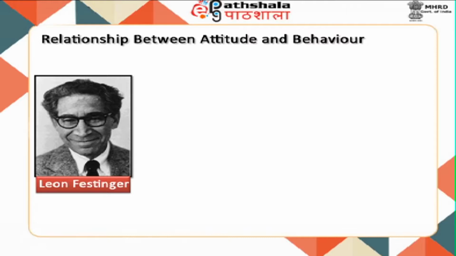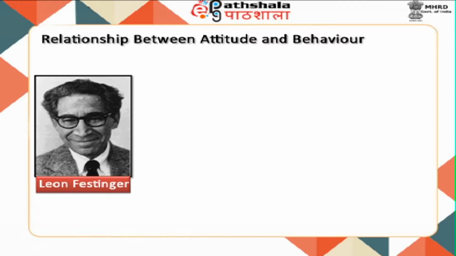Individuals tend to move towards an equilibrium state where attitudes and behavior are consistent and there is very little discord. Festinger also mentions that there may not be a perfect state and that some amount of discord remains. For example, even after knowing that smoking is injurious to health, the person smokes nevertheless.